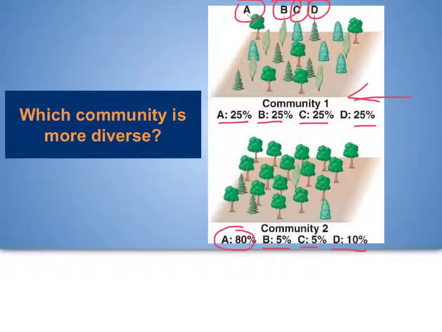So while both communities have the same number of species present, community 1 has different relative abundances of those species than community 2. The question then is, which community is more diverse?